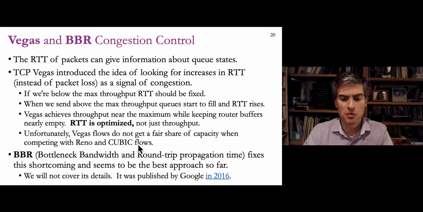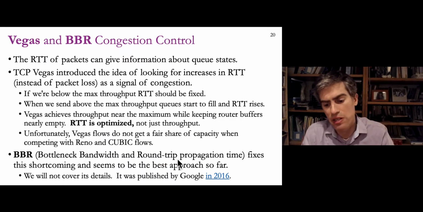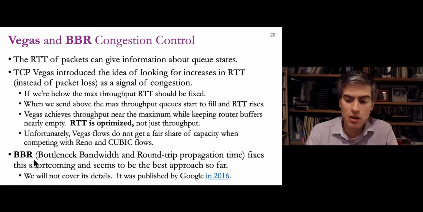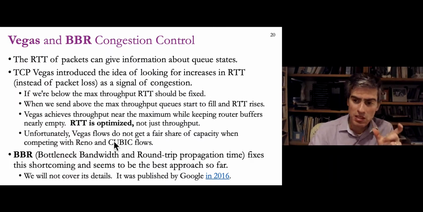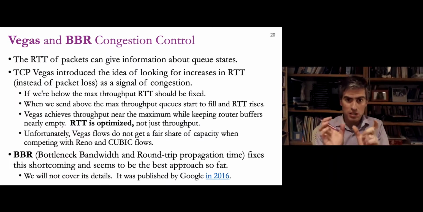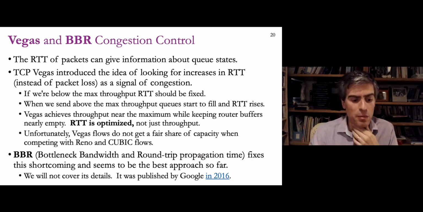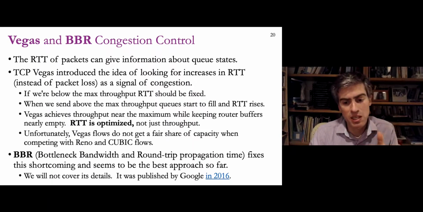I'm not expert enough or well versed enough to explain very well why that happened and how it was solved, because there was another algorithm similar to this called bottleneck bandwidth and round trip propagation time, or BBR for short, which uses the same idea of monitoring increases in delays to signal congestion, but it does it in a slightly different way, a more sophisticated way.